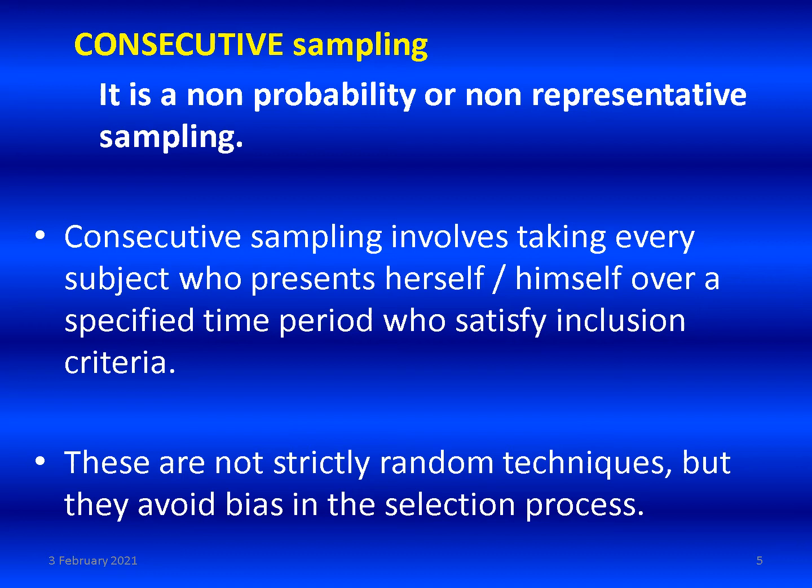You are working in a clinic and you are collecting all patients attending the clinic during a time period who satisfy inclusion criteria. So that's an example of consecutive sampling. These are not strictly random techniques, but they avoid selection bias. Whoever attends the clinic and satisfies inclusion criteria will be selected. So there is no selection bias.